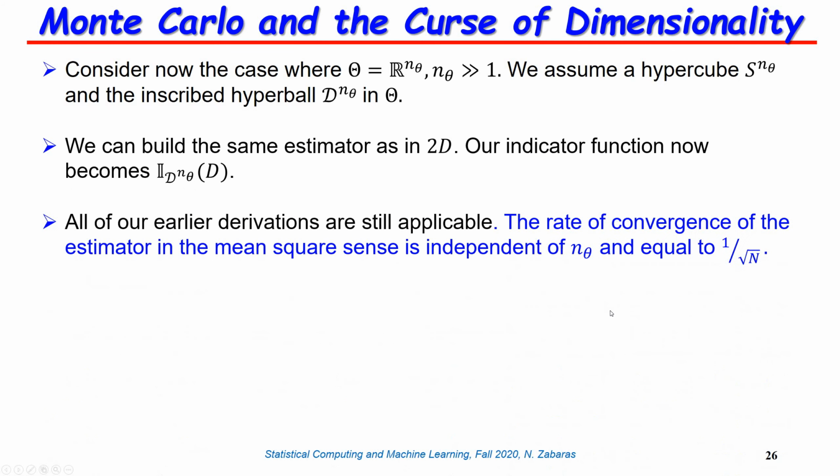The first thing, let me just tell you, is that in the derivations we did, nothing changes. Still, you will work with the indicator function that tells you whether you hit the hypersphere when you're throwing your darts inside this hypercube. And it turns out everything we did is also valid in this case, and the interesting conclusion is that the convergence is exactly 1 over square root of n.